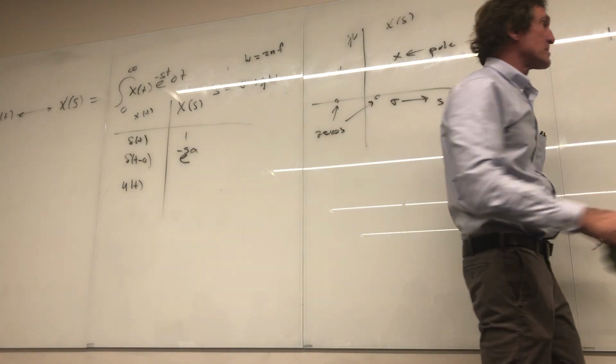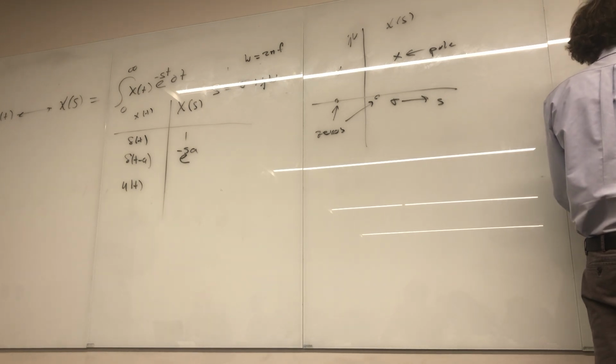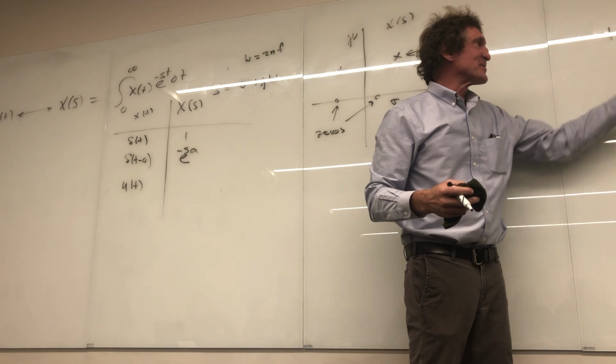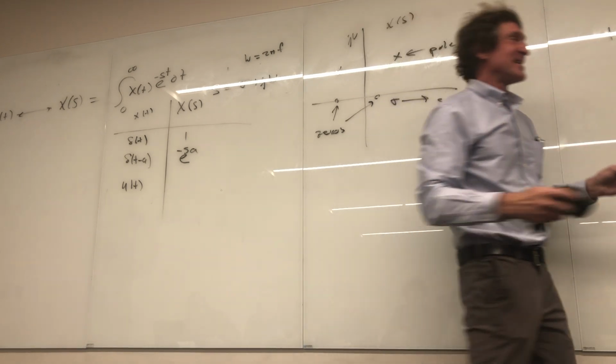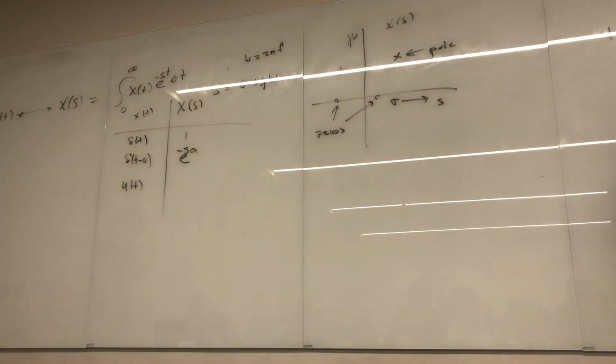Now, what is the value of u of t from 0 to infinity? 1. Did I need to put it in? No, it doesn't do anything. What's that integral value going to be? Well, that's technically minus 1 over s, e to the minus st from 0 to infinity. You all agree with that?